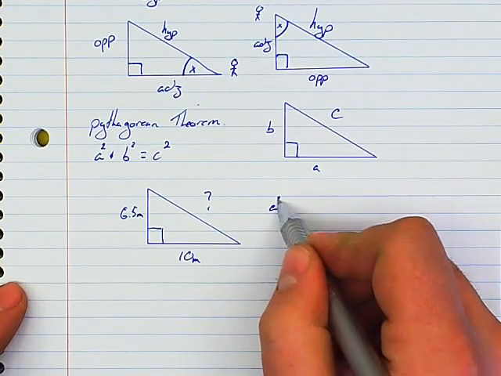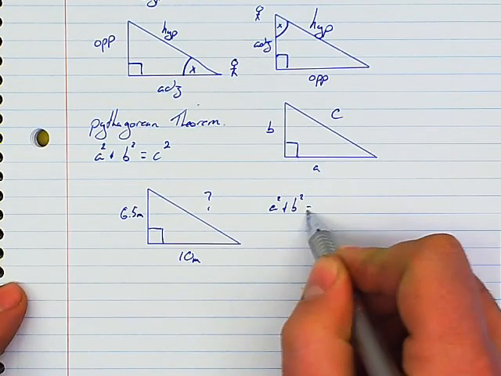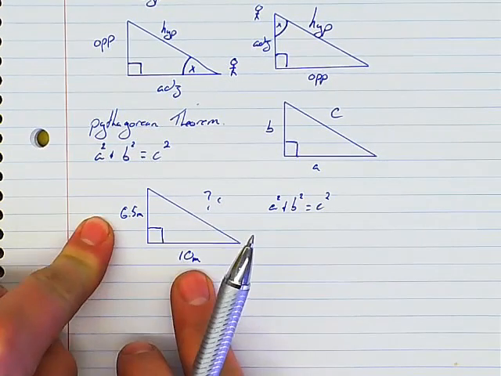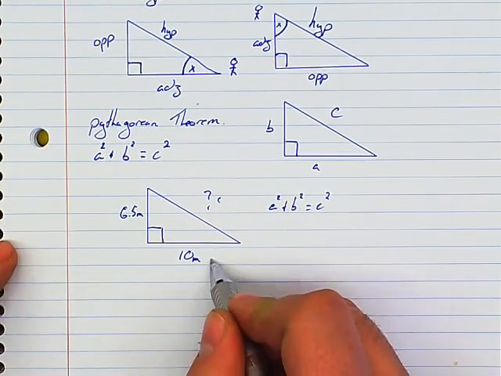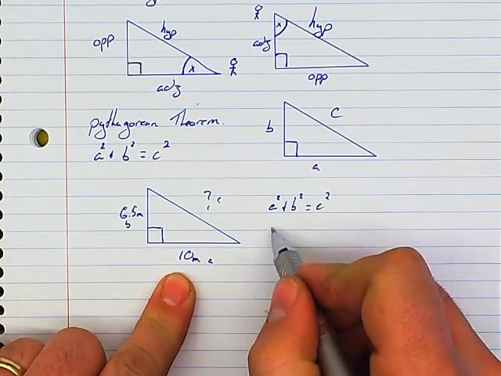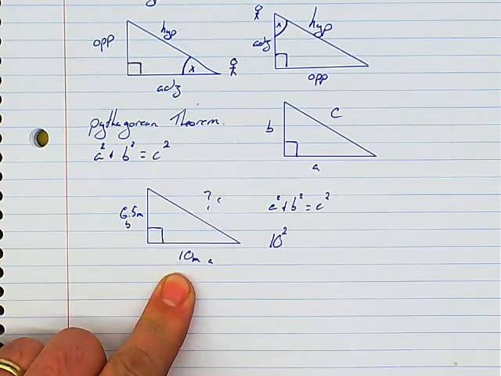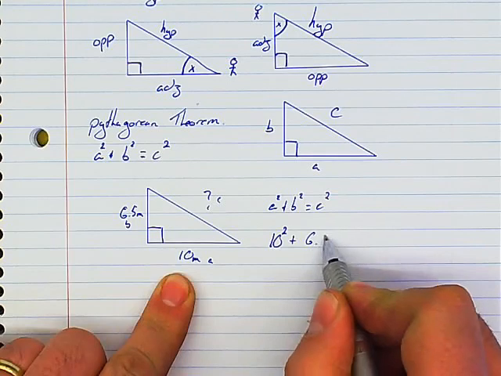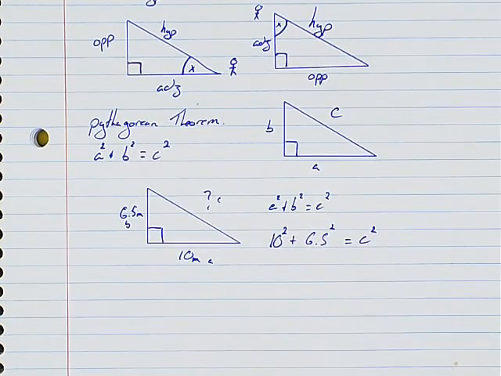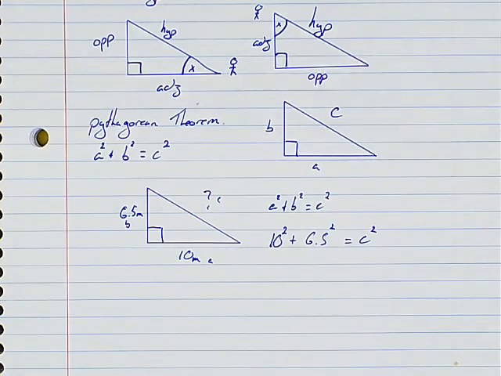To solve with Pythagorean theorem, a squared plus b squared equals our c squared. We know that this is c, therefore either of these can be a or b, it doesn't matter. You pick one, we'll go a and b. When we fill in our formula, we have 10 squared plus 6.5 squared equals our c squared.